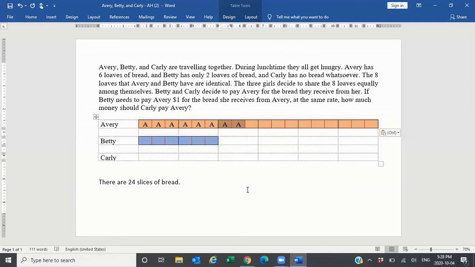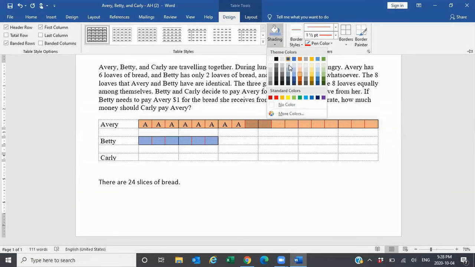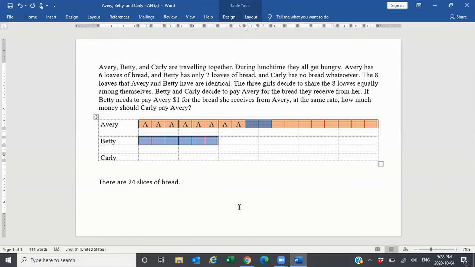And that's 8. Alright, now Betty needs more slices. She doesn't have enough for everyone to get 8 slices. She has 6 right now, so we need to give her 2 more slices from Avery's. I'm going to also change the color to her blue color. I'm also going to write a B for Betty.